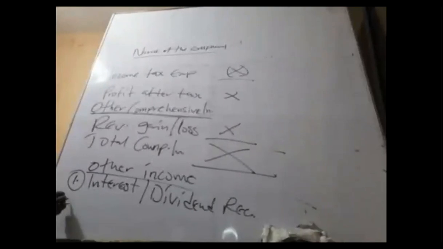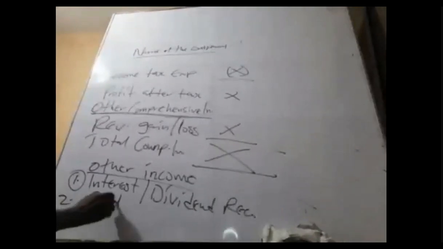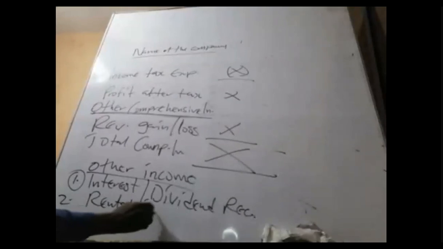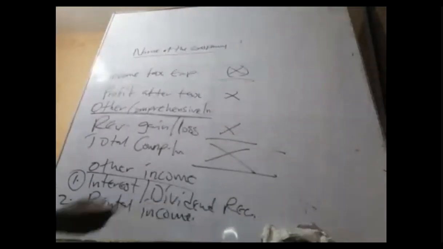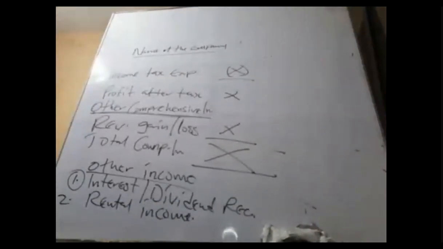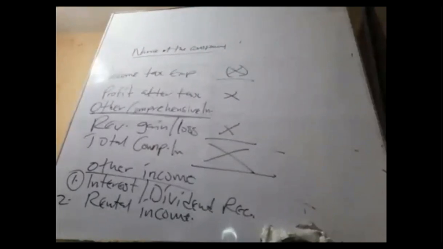Number two, rental income. Like in front of your office premises, there's some free space where at least 5 to 10 vehicles can park at a time. So you turn that into a mini car park for rental.